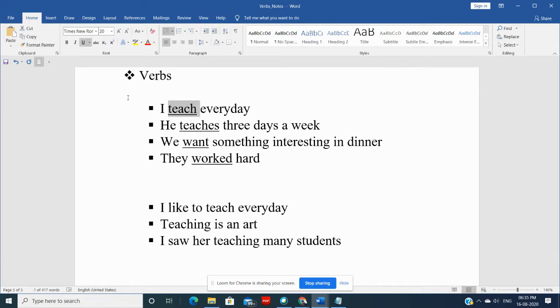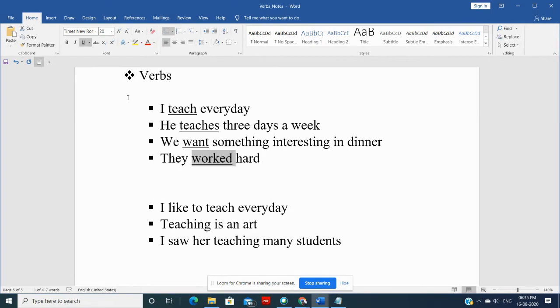Here it is I teach, and here he teaches, because the subject is third person singular, we have put teaches. And here it's just I, so we have put teach. Similarly, here we have put want. And here, depending on the tense of a sentence, we have put worked.